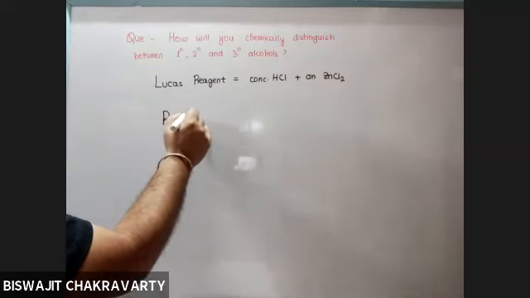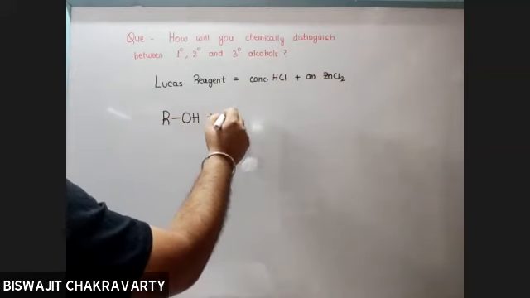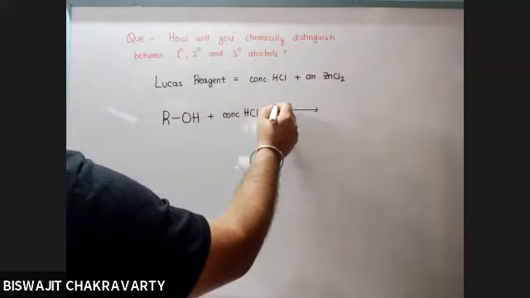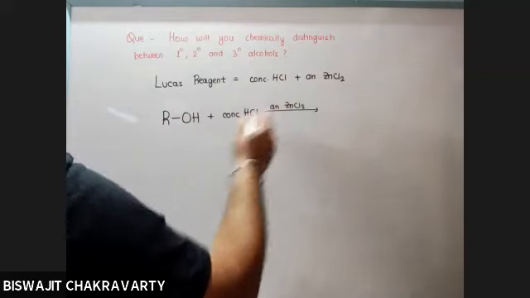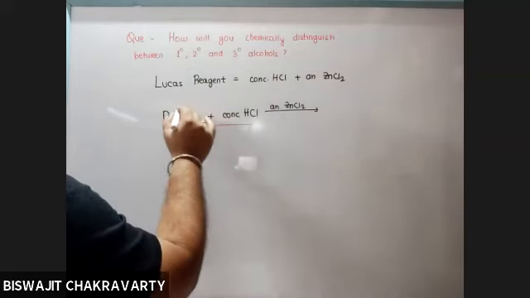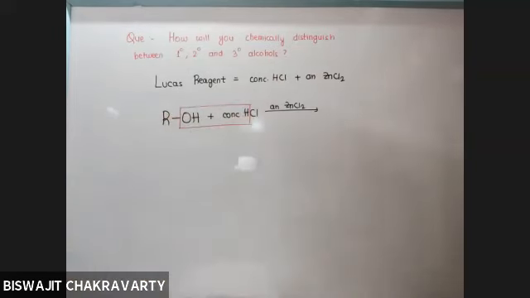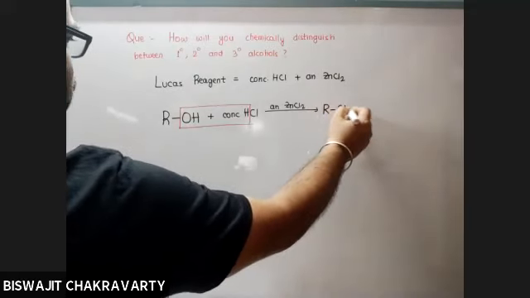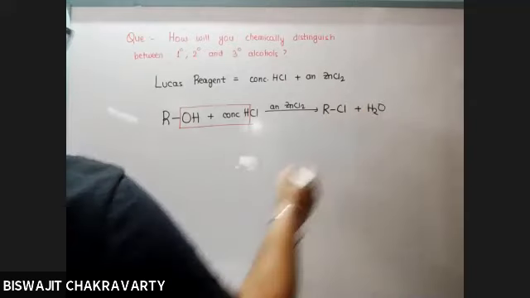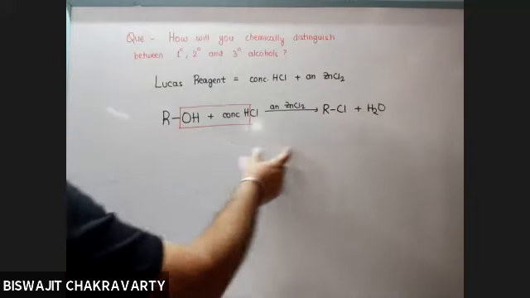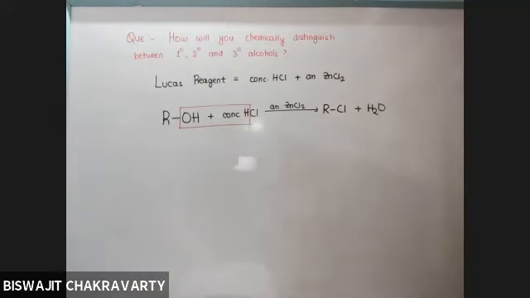No matter whatever be the alcohol taken, when it is treated with concentrated HCl in presence of anhydrous ZnCl2 acting as catalyst, we have discussed this reaction many a times. What generally happens during the reaction is water comes out of it and you get alkyl chloride. So during this transformation, we see that alcohol is getting transformed to RCl.